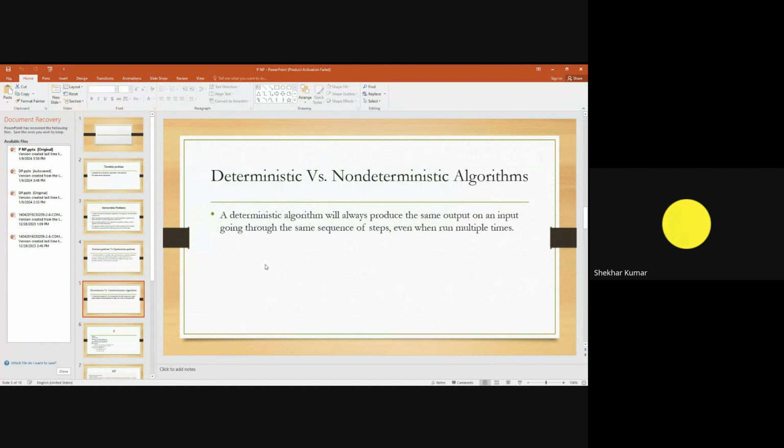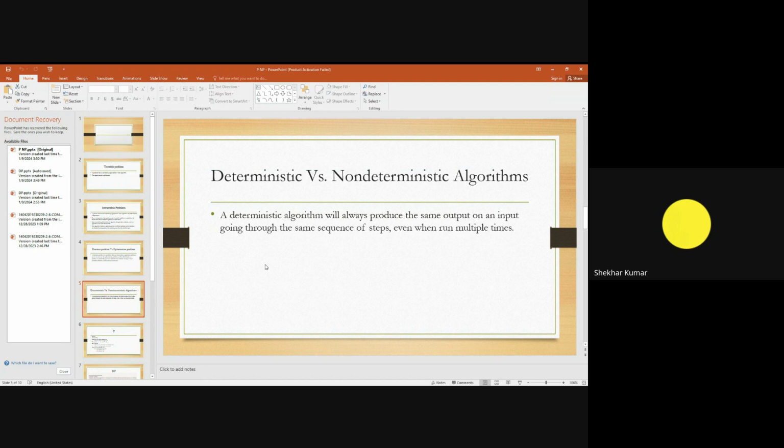While a non-deterministic algorithm is one in which the output of every step is not uniquely defined. If you execute the algorithm the first time, you will find one result; if you execute it another time, the result may be different, because it is not uniquely defined.